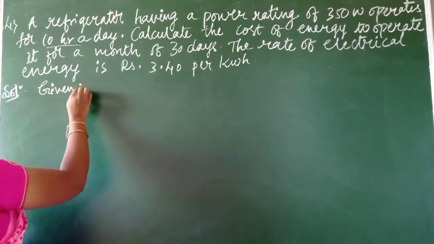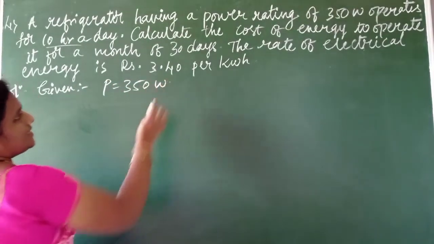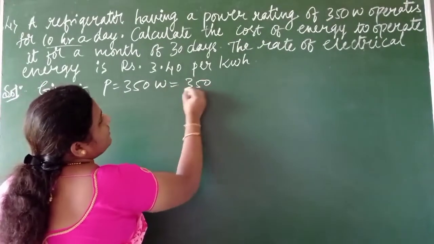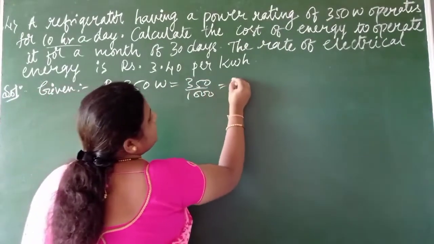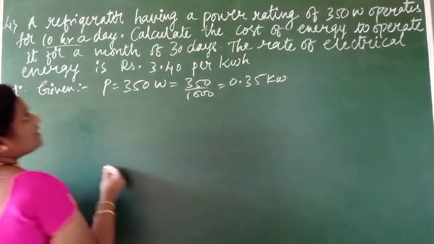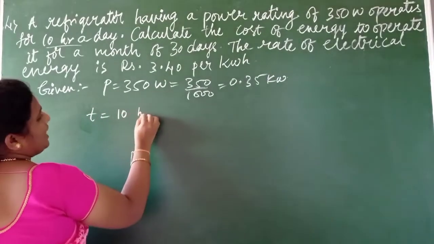So given P equals 350 watts. If we convert this into kilowatts, that means 350 divided by 1000, which is nothing but 0.35 kilowatt. Then the time given is 10 hours.